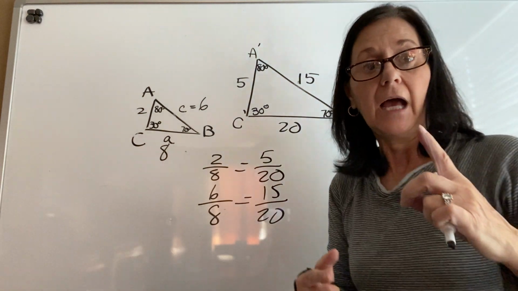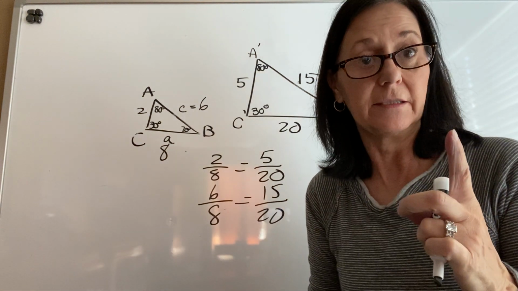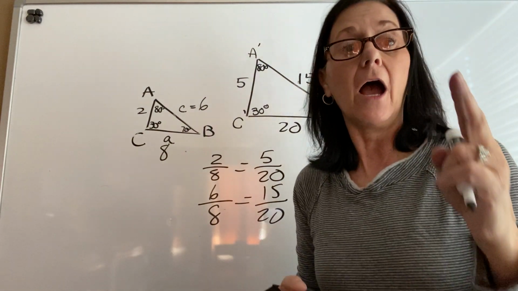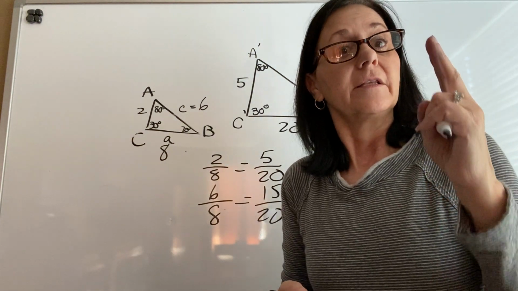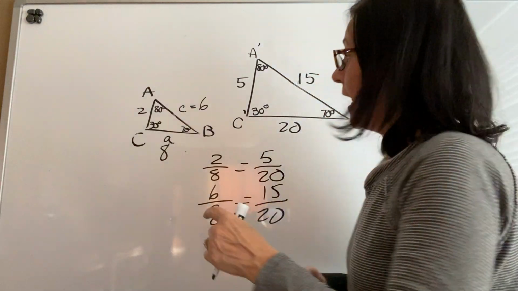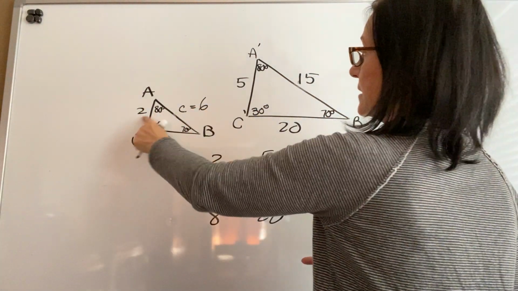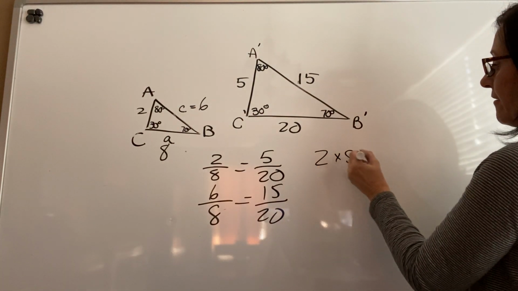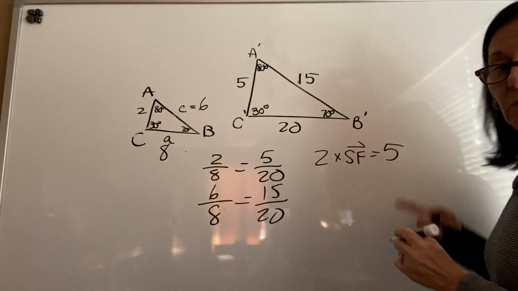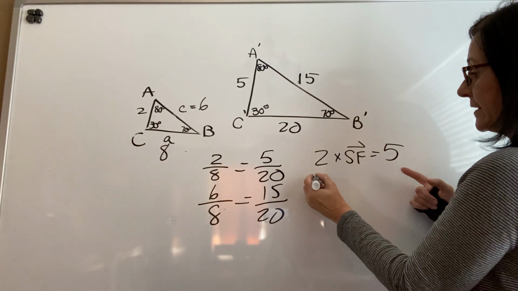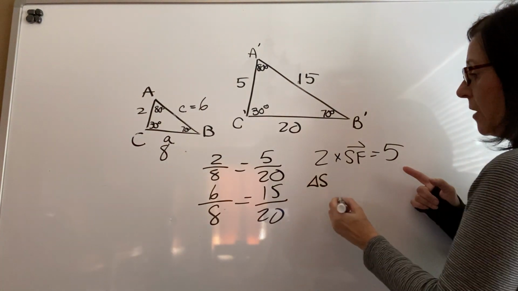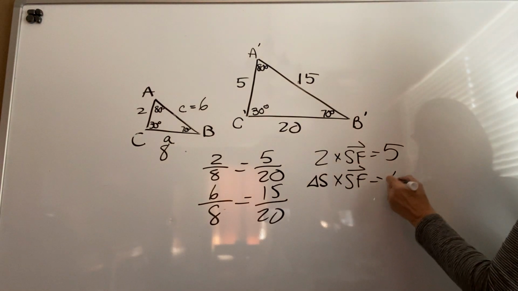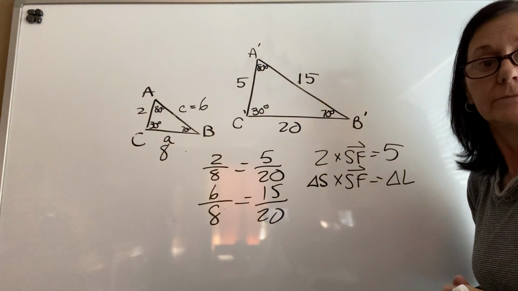What's key is I have to know my corresponding sides, and that is dictated by the angles, right? I can either calculate the scale factor, right? If I'm going small to big, it's 2 times scale factor equals 5, right? Once I get the scale factor, I can do any side of the small triangle times the scale factor to equal the side of the large triangle.